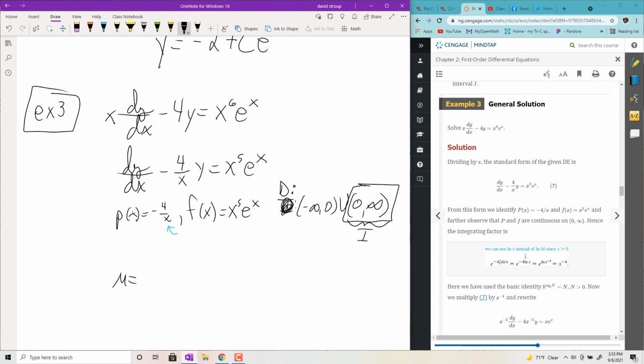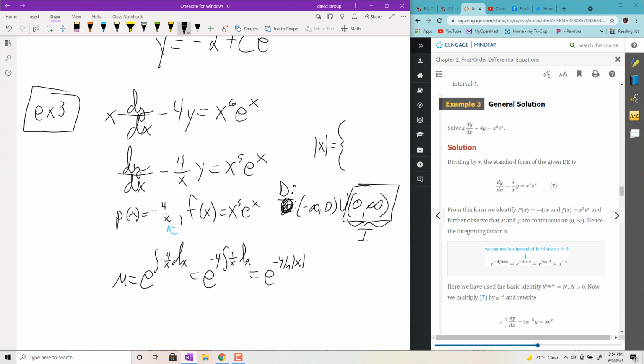So mu would equal e to the integral of negative 4 over x dx. When you integrate, you get e to the negative 4 integral of 1 over x dx. And then that's e to the negative 4 ln absolute value of x. And this is where it affects your answer. On this interval from 0 to infinity, you could replace the absolute value of x with x.